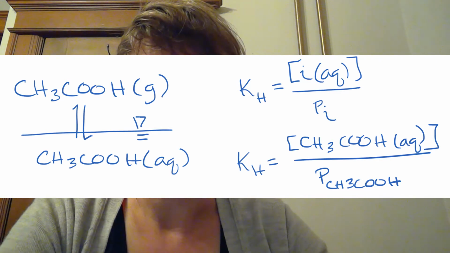Whenever you look up Henry's Law constants, be sure to note their units. Some sources will give you the inverse of the definition that I have here, but you'll catch that if you look at units. Some people also forget that the vapor phase concentration needs to be a partial pressure. You'll also avoid that mistake if you are paying attention to units.